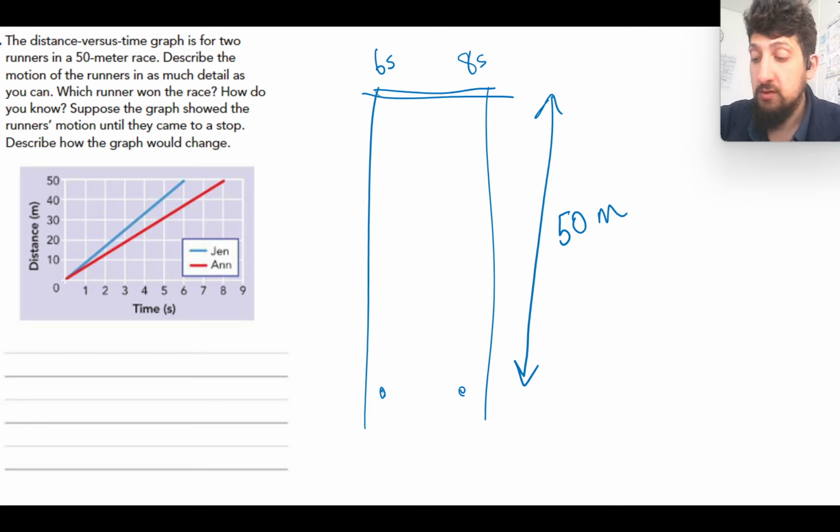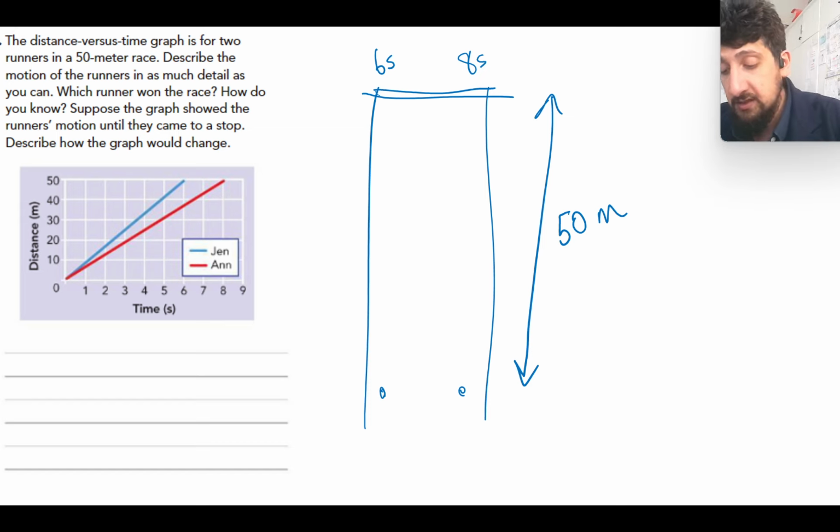And so now we can talk about it. We can say quite a bit actually. We can say that Jen was definitely faster than Anne. She took less time, and I can tell from the gradient, from the slope of the graph, that she's faster. I can actually work out her speed. So 50 divided by 6 is 8.3 recurring.